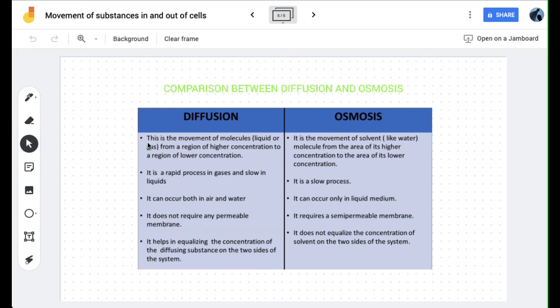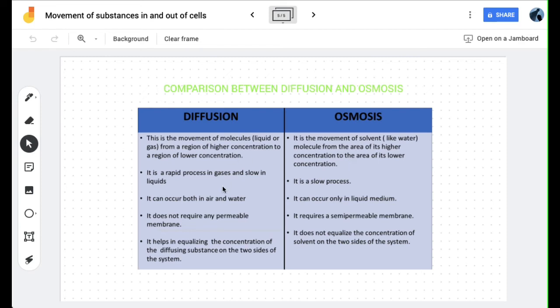Diffusion is the movement of molecules, liquid or gas, from a region of higher concentration to a region of lower concentration. Whereas osmosis is usually the movement of water from a higher concentration to a lower concentration, from a higher water potential to a lower water potential.